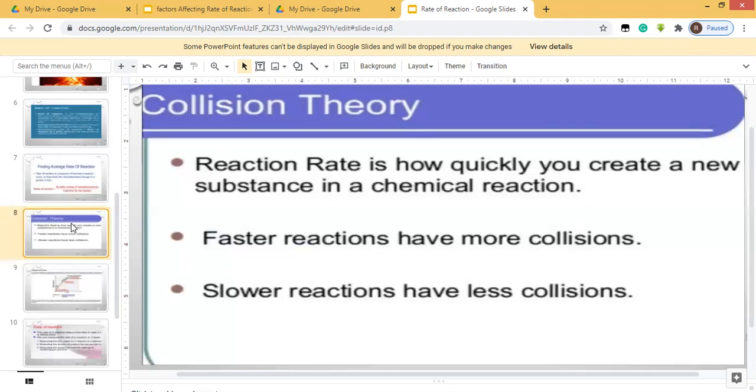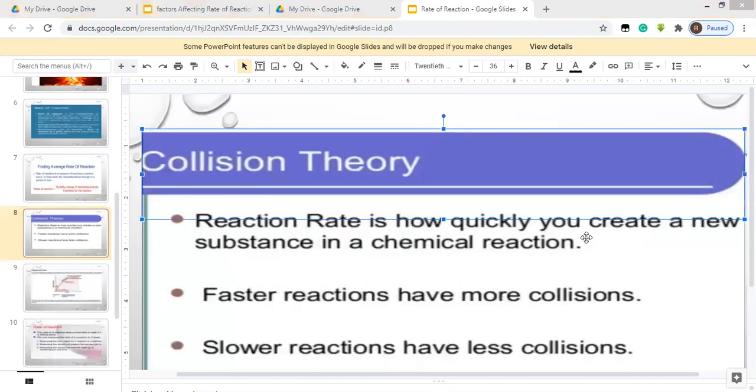So rate of reaction is how quickly you create a new substance in a chemical reaction. Faster reactions have more collisions, slower reactions have fewer collisions.